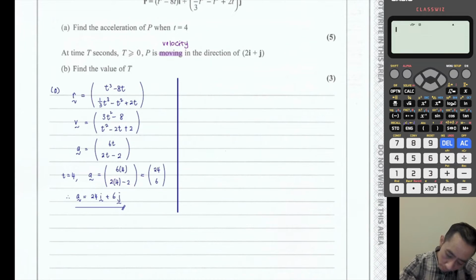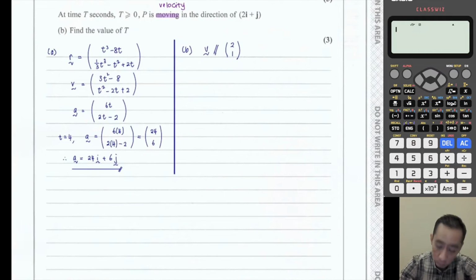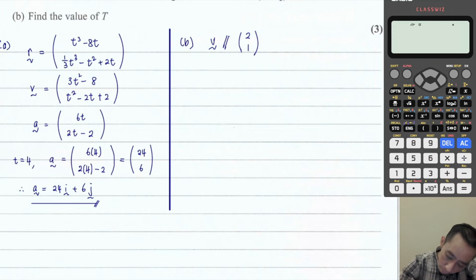so for B here, the velocity is parallel to the direction 2, 1. So this one, v is 3t squared minus 8, and then t squared minus 2t plus 2, is equal to lambda times 2, 1.